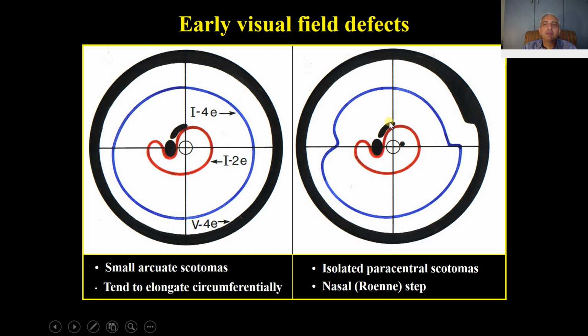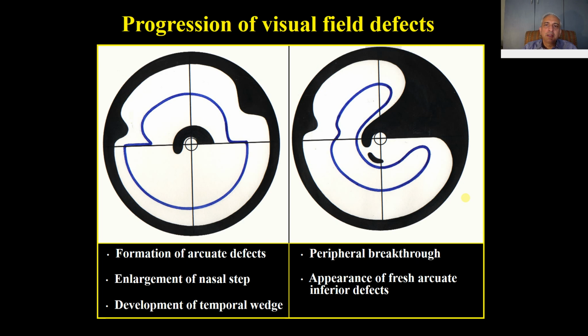All glaucomatous visual field defects are pericentral, so they'll be around the center. If somebody has got a blind spot and a visual field defect involving the macular area, that is going to be called a centrocecal scotoma, and that is typically seen in patients with optic neuritis or disease or inflammation of the optic nerve.